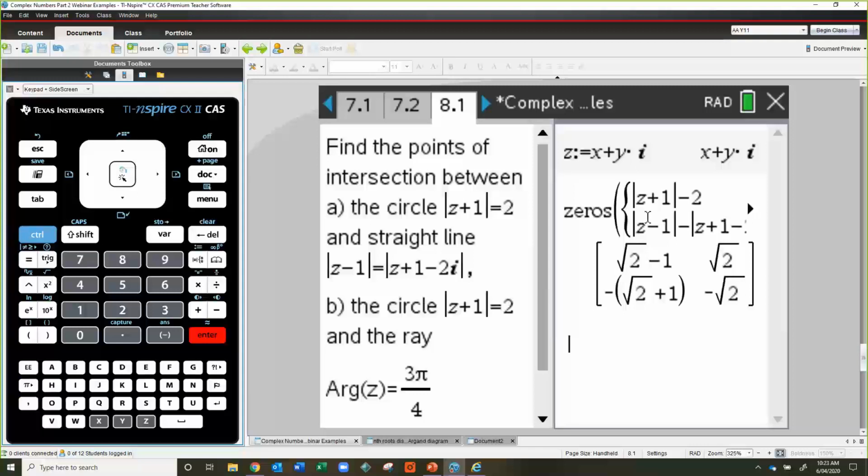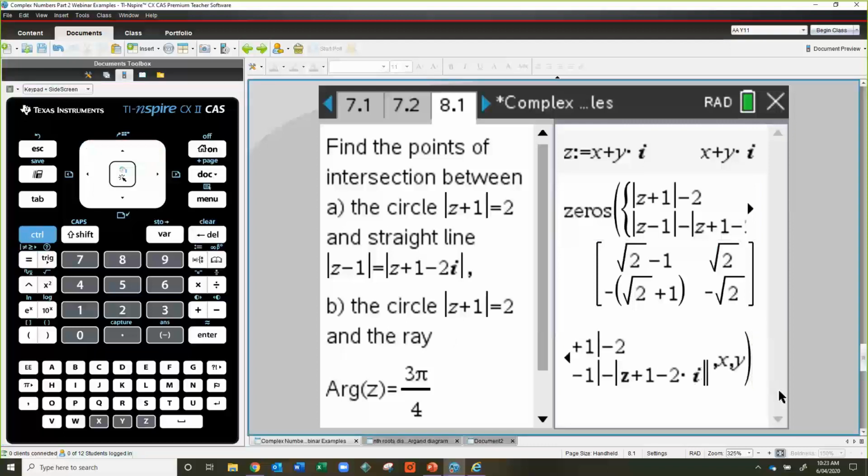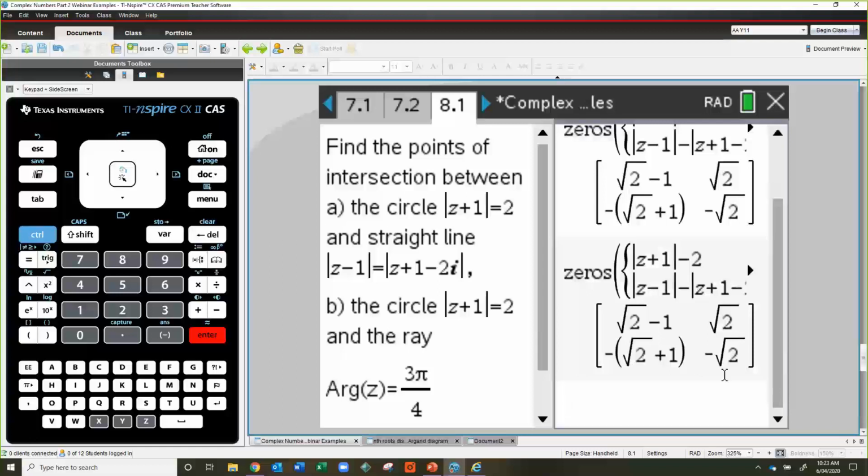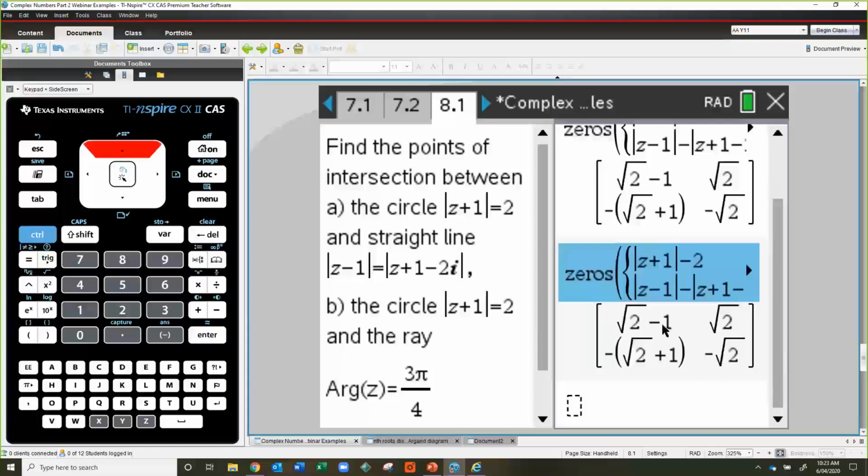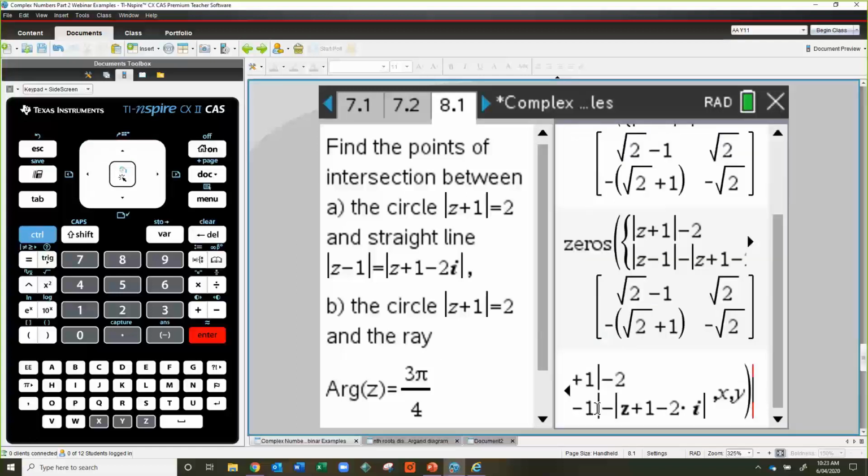If I want the same circle but the ray, I can do the same thing, but instead of having the perpendicular bisector, I would need to change this.